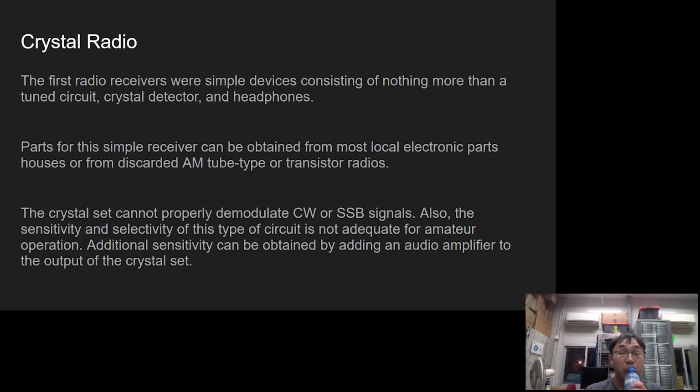Okay. So the crystal radio, I guess, is not included in your exam, but it's good to know. There is one thing in our history: the crystal radio does not use any electricity.